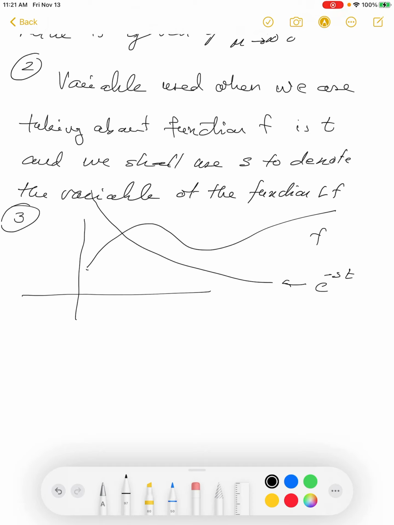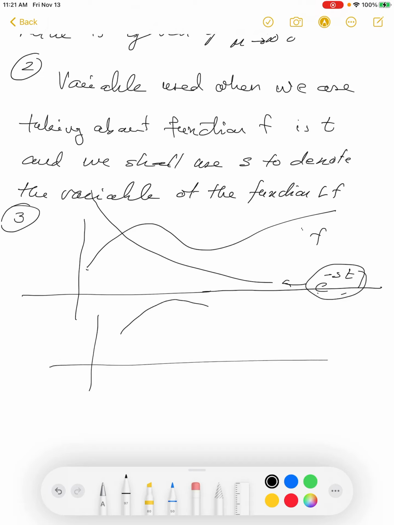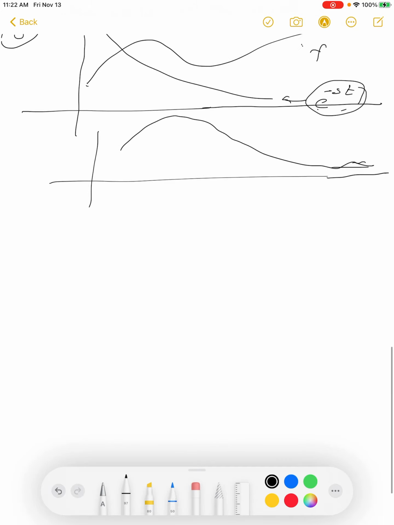So we are multiplying f and e to the minus st. That means as you go out, the effect of whatever f is going to be squashed down by this number, which is getting very small. So in the beginning maybe your f(t) will have a certain shape, but at the end it has to die down. So this is a very complex thing. You can think of this as f being sent into a black box or a mixer.